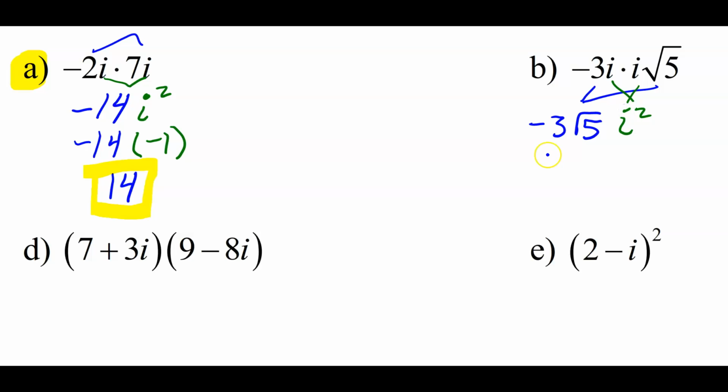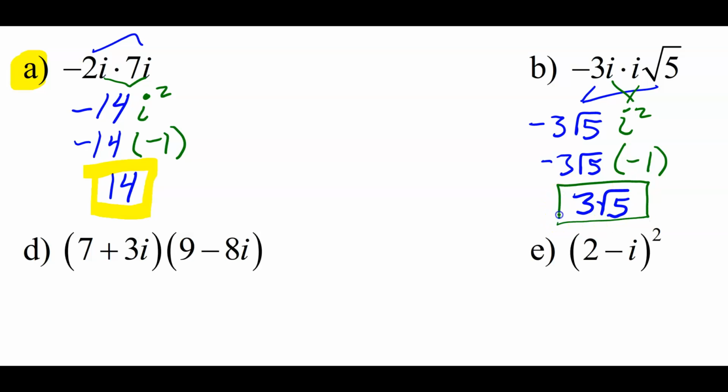Now what? -3√5 does not simplify, so I leave that like that. i squared is actually -1, so I replace it with -1. Now I just multiply my numbers again, so the -3 times the -1 becomes +3. So 3√5. Final answer.